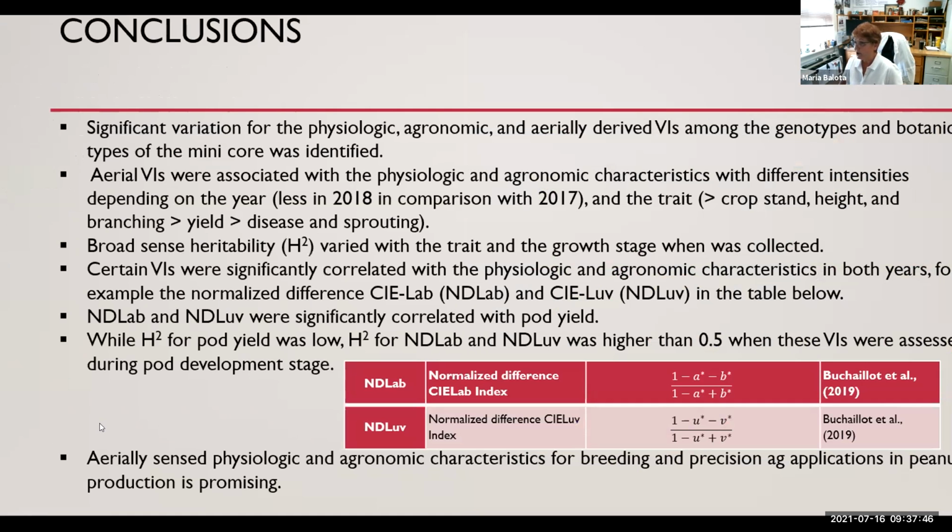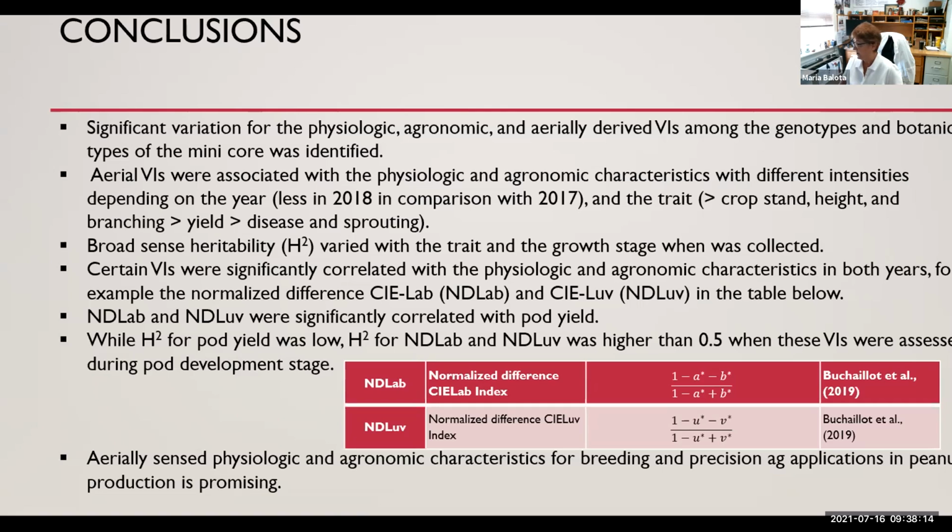Anyways, in conclusions, significant variation for the phenotypic, agronomic, and aerially derived vegetation indices among genotypes and botanical types of the mini cores was identified in the subhumid environment here in Virginia. Aerial VIs were associated with the physiological and agronomic characteristics with different intensities depending on the year.